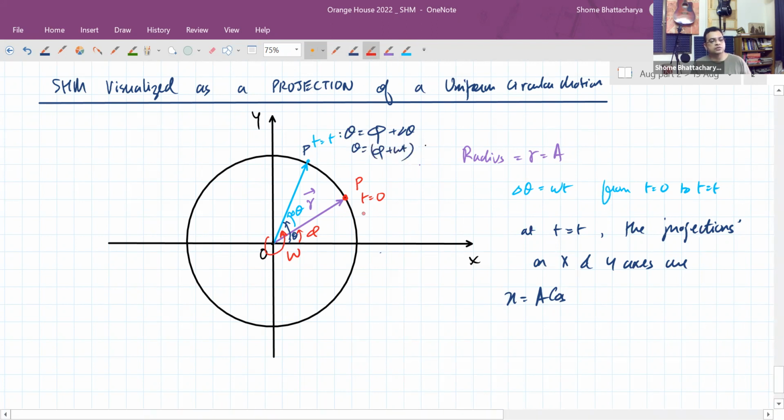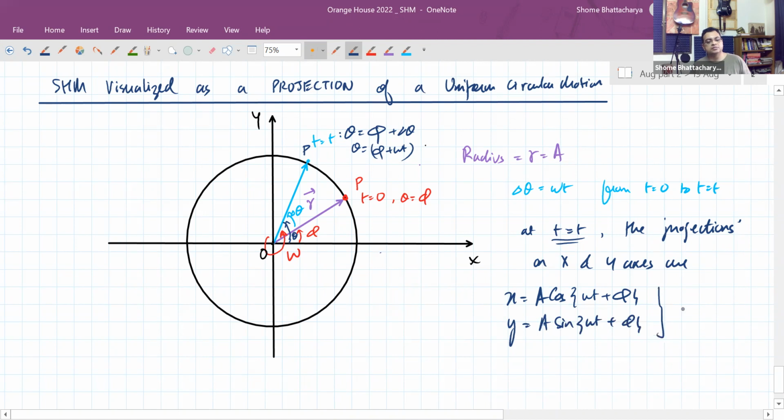Whereas at t equal to 0, the angular position is equal to phi. So at some general time t, x is given by a cos(omega t plus phi), and y is given by a sin(omega t plus phi).